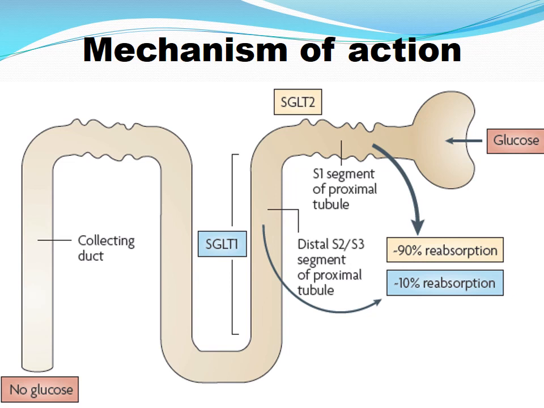This slide will show the mechanism of action of this group of drugs. As glucose filters through the glomeruli, it's usually reabsorbed. About 90% of the filtered glucose is reabsorbed from the S1 segment of the proximal tubule, and the rest is reabsorbed from the S2, S3 segments of the proximal tubule.